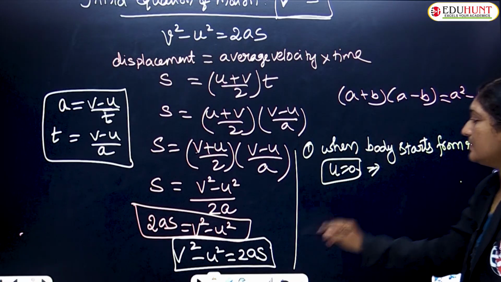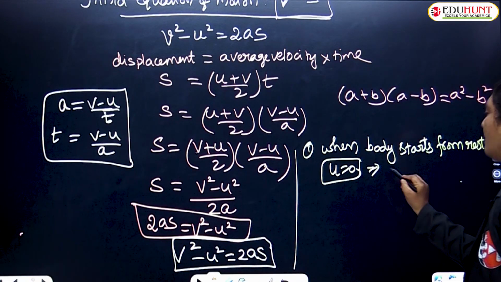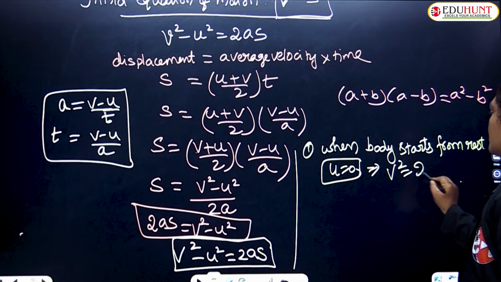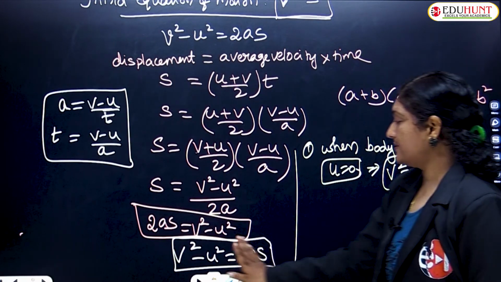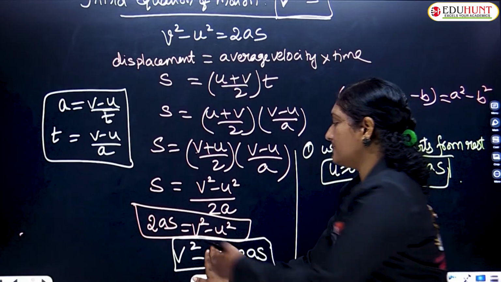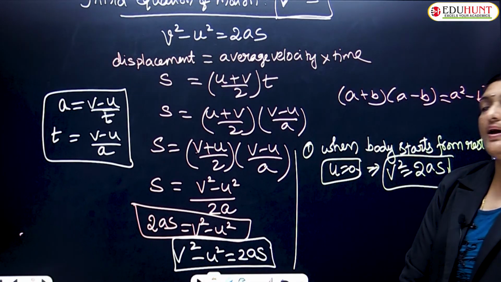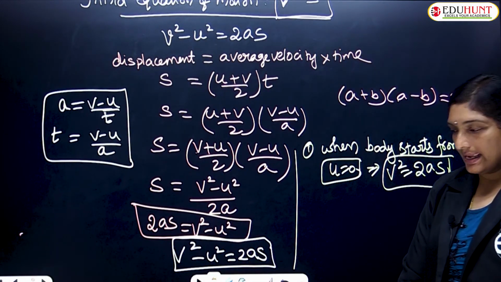So whenever u equals 0, we have v square equals 2as. Whenever the body starts from rest, this term will be 0. Hence the leftover term is v square equals 2as.